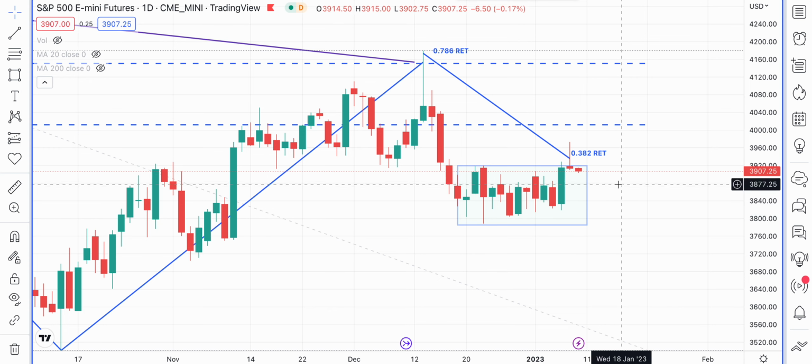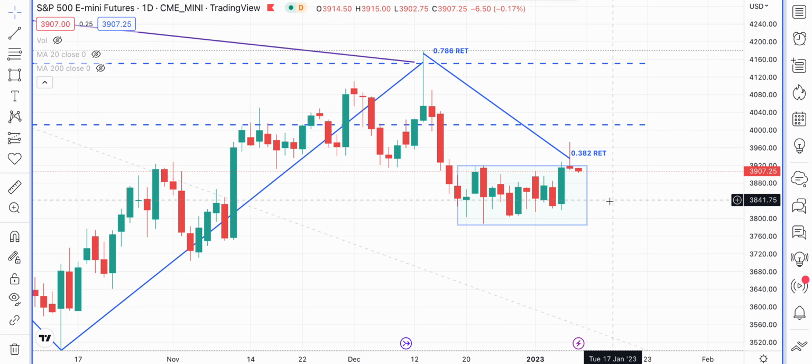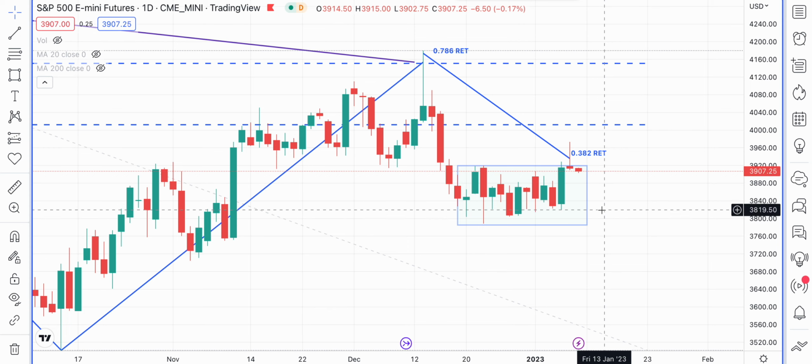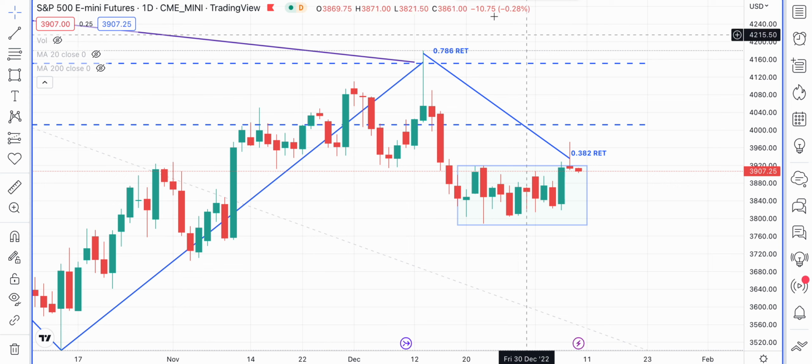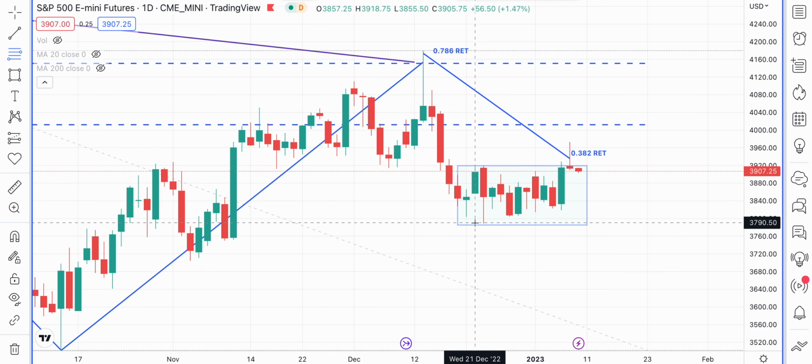So there is a possibility that over the next few trading days, the price might rotate lower and try to test 38.20. Let's just draw a Fibonacci retracement to be more precise.